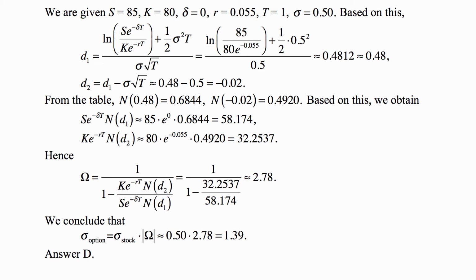Based on this, d1 is equal to the natural logarithm of the prepaid forward or ex-dividend price of the stock divided by the present value of the exercise price, plus 1/2 sigma squared T, divided by sigma square root of T. So we plug in all these numbers and we get approximately 0.48, and d2 is d1 minus sigma square root of T. Or you can also remember that d2 has the same formula as d1, except that instead of adding 1/2 sigma squared T, you subtract 1/2 sigma squared T in the numerator.